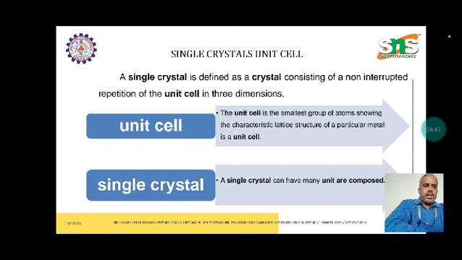Then we move to the single crystal unit cell. A single crystal is defined as a crystal consisting of an uninterrupted repetition of the unit cell in three-dimensional form. The unit cell is the smallest group of atoms showing the characteristic lattice structure of a particular metal. So a single crystal can have many units composed to form structures.